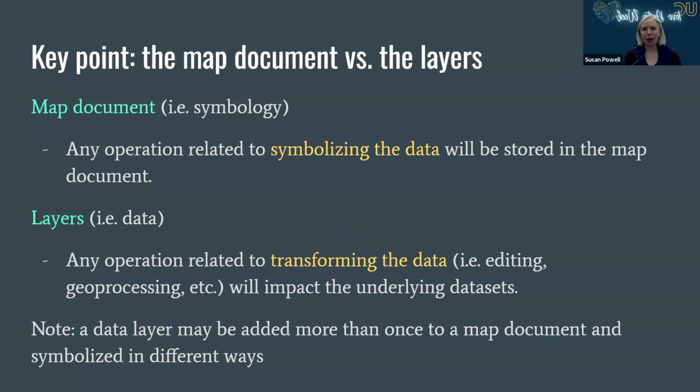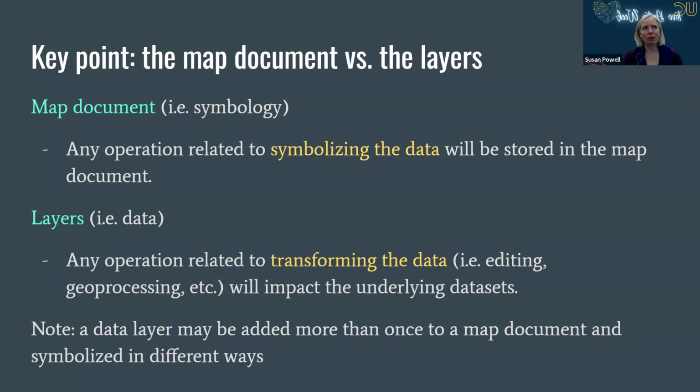The data itself, any information that you add or change or delete from the table of data, is stored within the data layer itself, in the shapefile or the KML file or the GeoJSON, whatever way your data is stored. The changes to the data itself will be stored with the data.